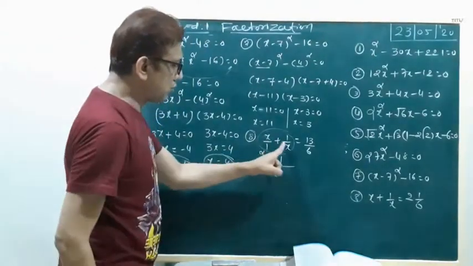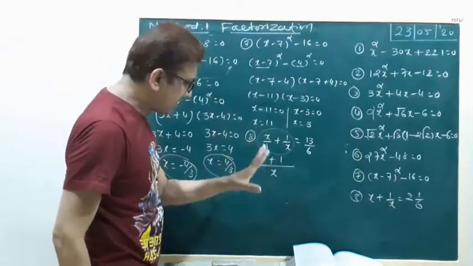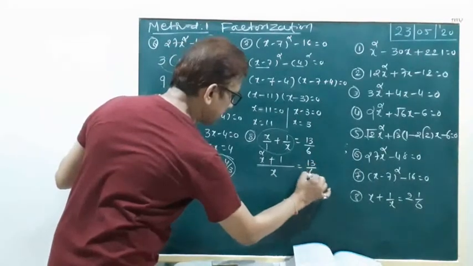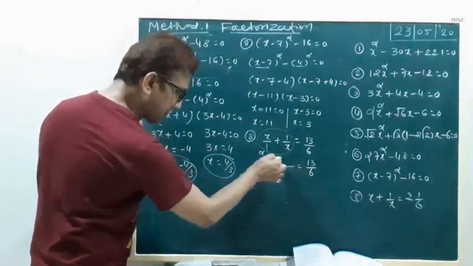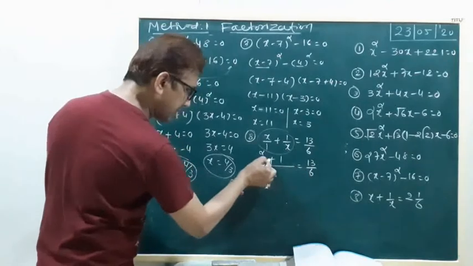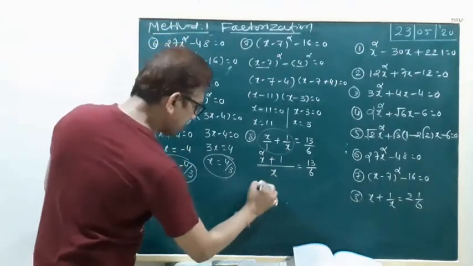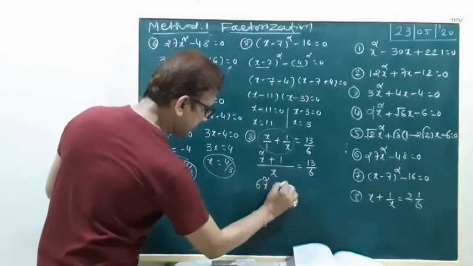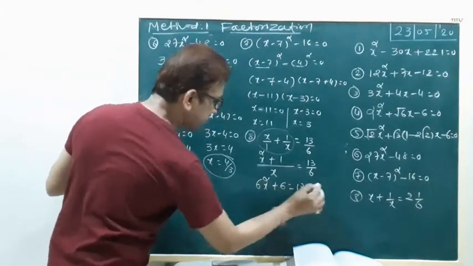If there are two terms with plus or minus, we do the cross multiplication directly. So here 13 by 6. Now again cross multiplication: 6 into x square, 6 into 1, 6 equal to 13x.